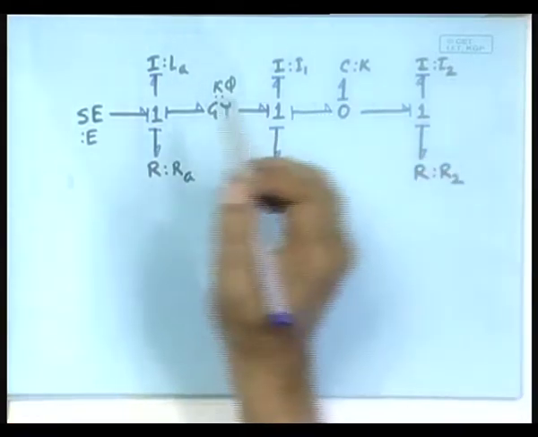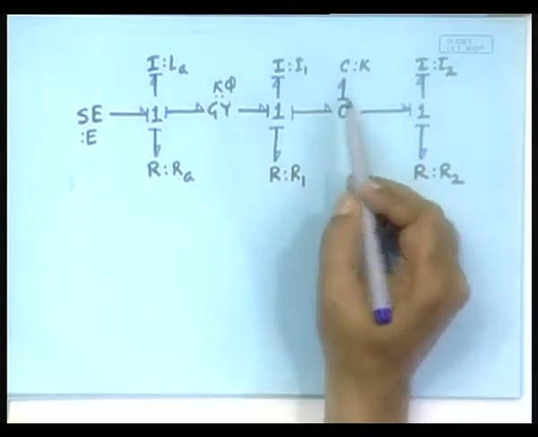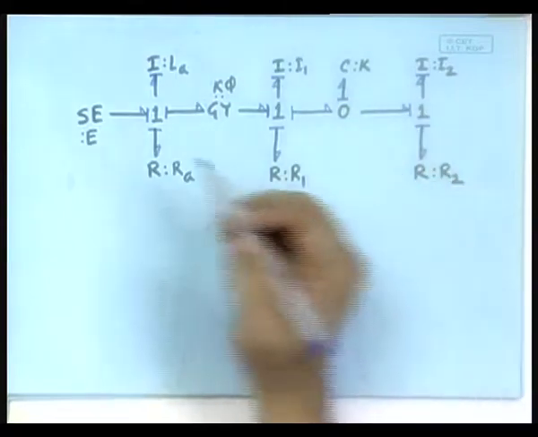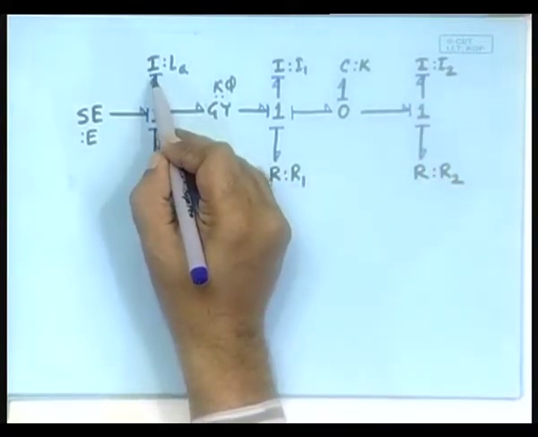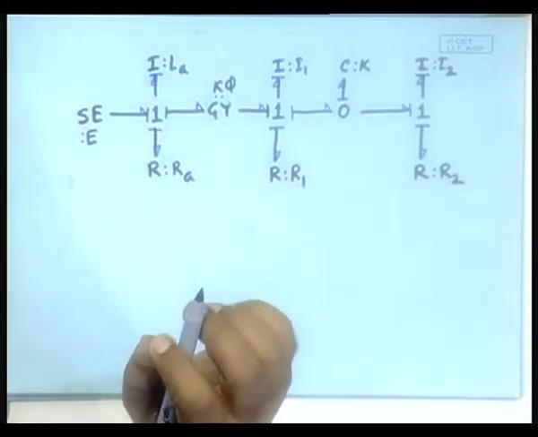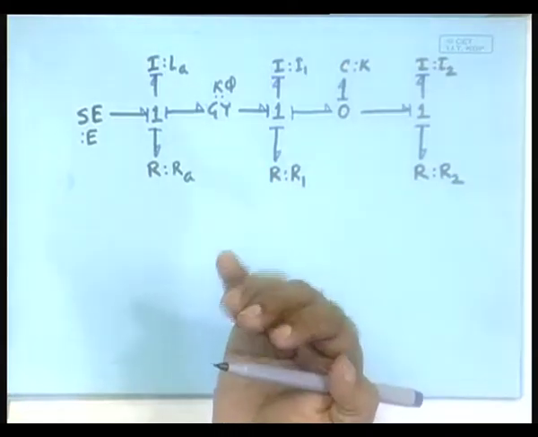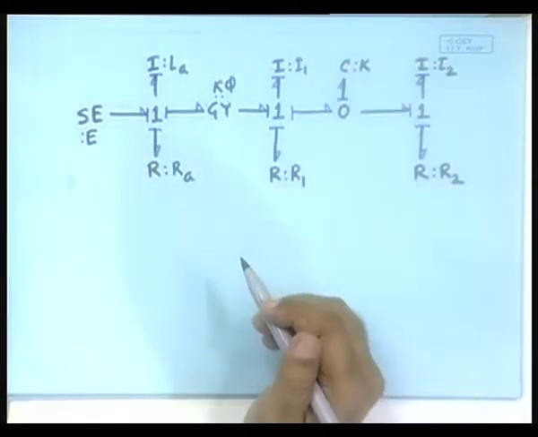When referring to these elements, we have been saying that these are the natural causalities. What do we mean by natural causalities? What we meant is that for the I element, the natural causality is one where it receives the effort information and gives out the flow information. Receives the effort information in what sense?